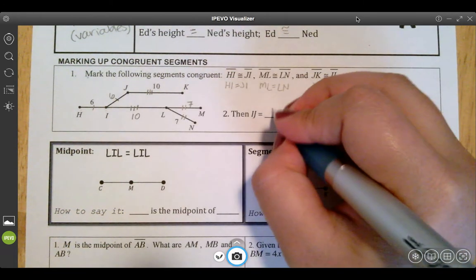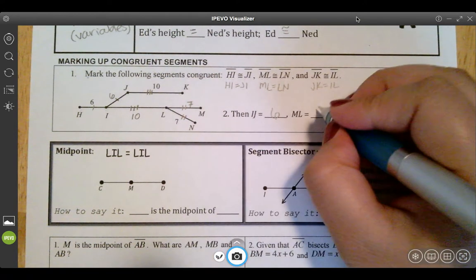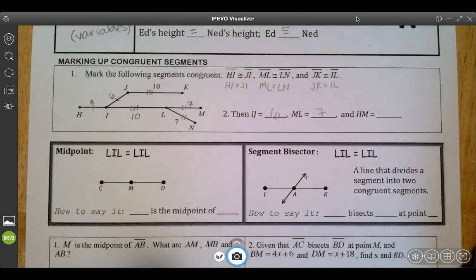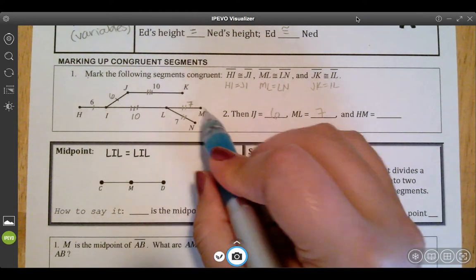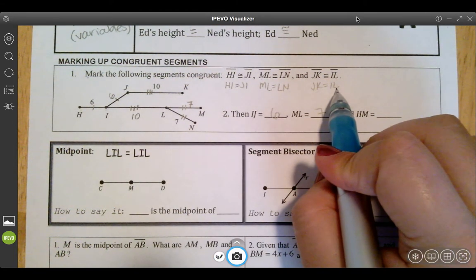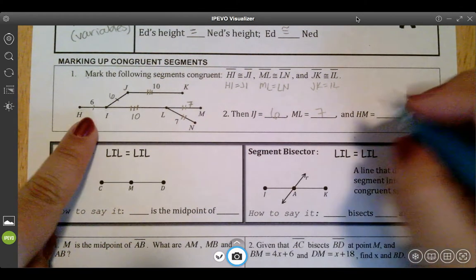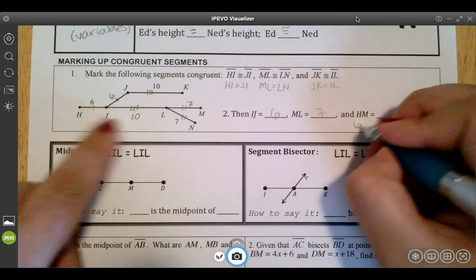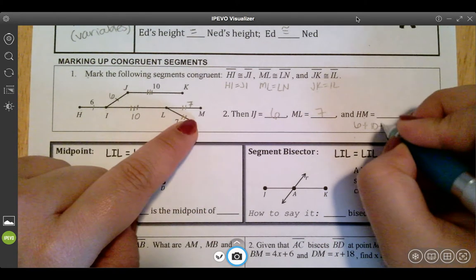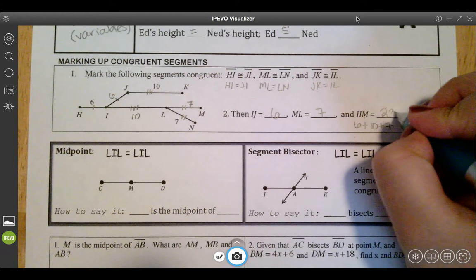IJ, we said, equals 6. The measurement of LM is 7. And the measurement of HM, be careful, right? Because IL was 10, but HM is going to be 6 plus 10 plus 7, which gives us 23.